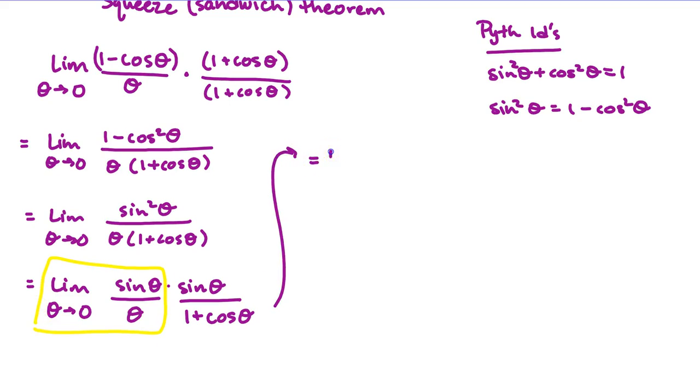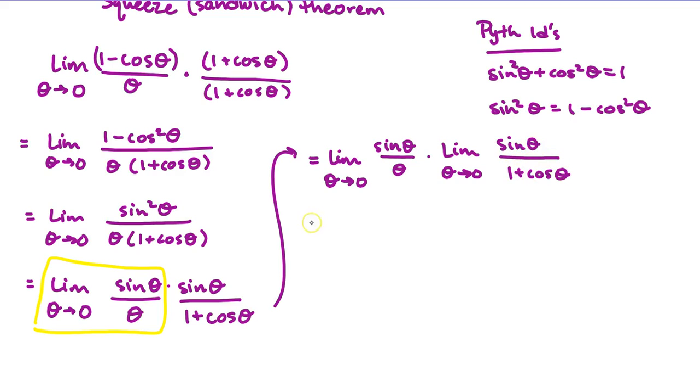So if I break this into two limits, which I can do according to those limit laws that we didn't really pay attention to a couple days ago, the limit of a product is equal to the product of the limits. That's probably intuitive. If I break this up, we have this whole thing, which is 1 times, now this one we haven't tried yet to use direct substitution on, so let's try it.